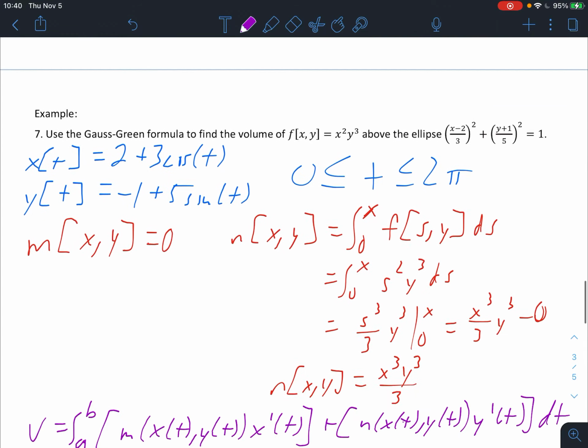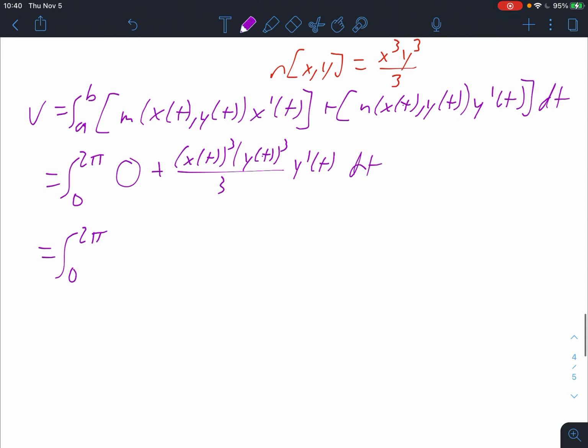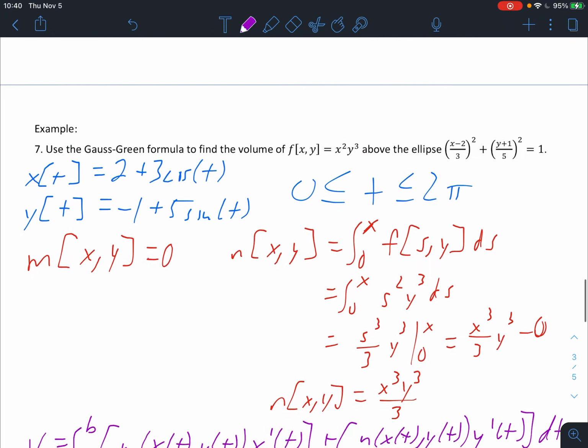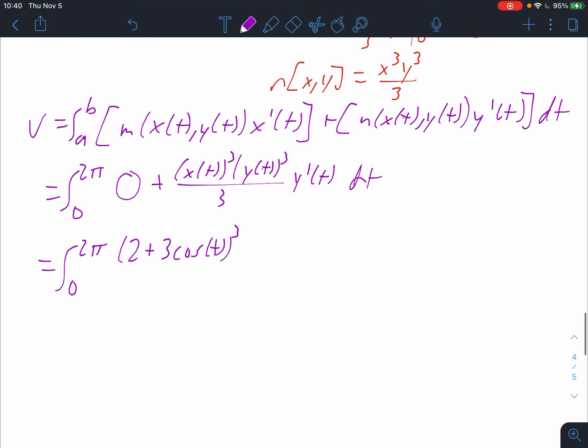X of t, remember, is 2 plus 3 cosine t. Y of t is negative 1 plus 5 sine t. All over 3.